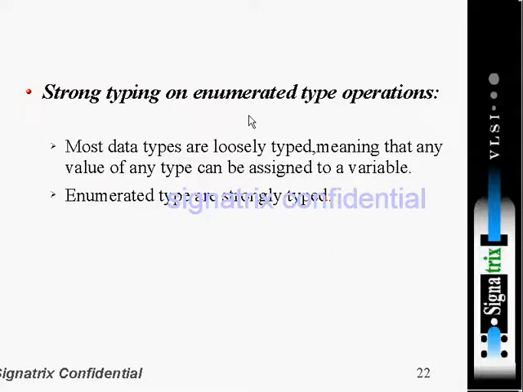Then strong typing on enumerated data types. Strong typing in the sense most data types are loosely typed, meaning that any value of any type can be assigned to any variable. Here, strong typing on enumeration types: enumerated types are strongly typed.